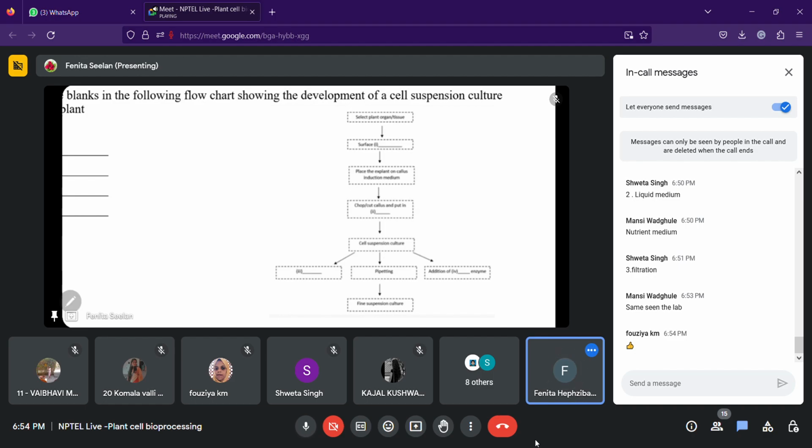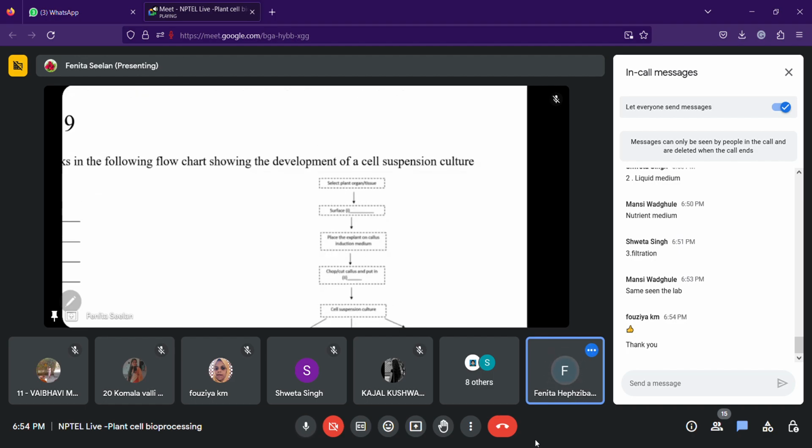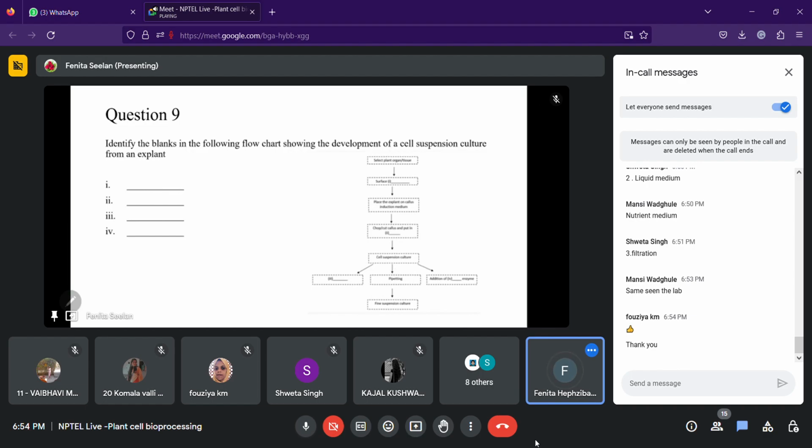Basically, the first answer is surface sterilization, right? In your sterilization, you will be bringing your explants. There are two ways. If you are using in vitro cultivated plants, is there a need for surface sterilization? The plant is already cultivated in vitro in bottles.